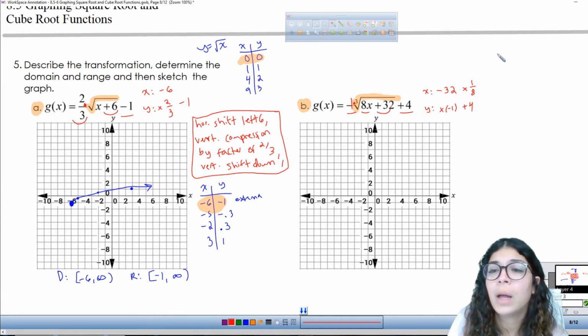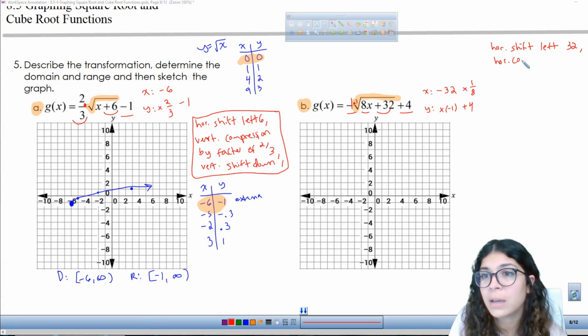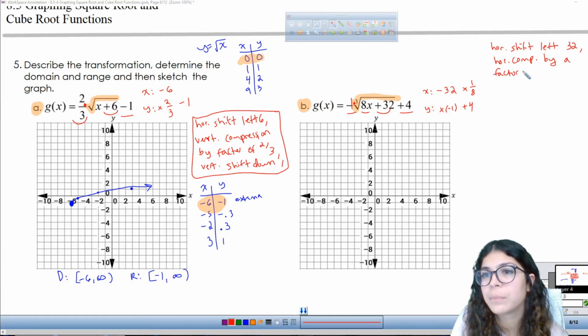So we will always write what's happening to x first: horizontal shift left 32 units. Then a horizontal compression by a factor of 1/8. Now let's move on to what's happening to y.